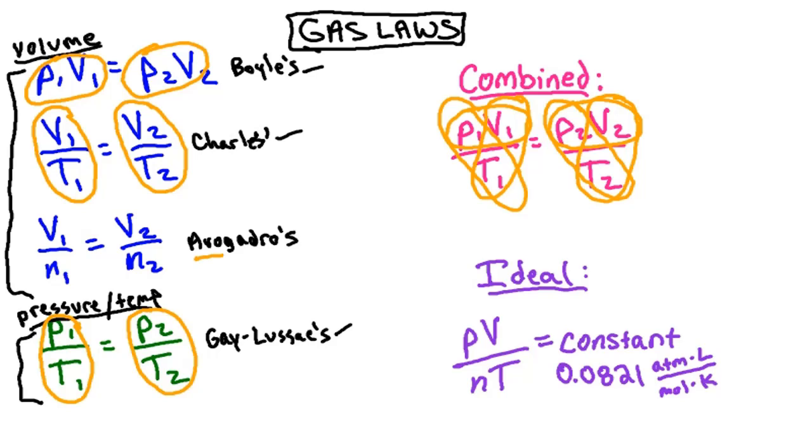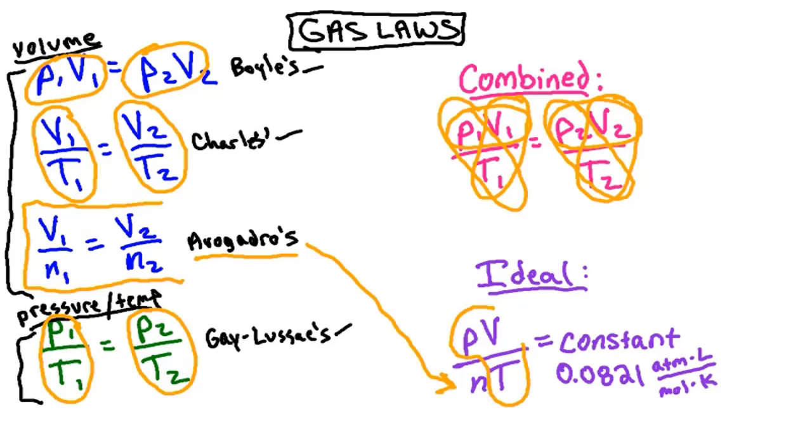But you might be saying, well, what happened to Avogadro's law? Avogadro's law was just left out there lonely. Nobody included it in the combined gas law. Well, it's not added, it's factored into the ideal gas law. So as you can see, the combined gas law would be P times V over T. The ideal gas law also includes Avogadro's law, the n, which is the number of moles of the gas.